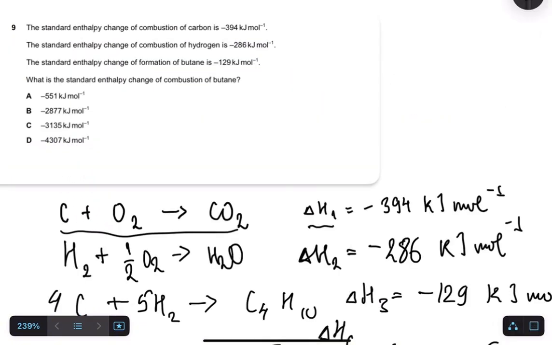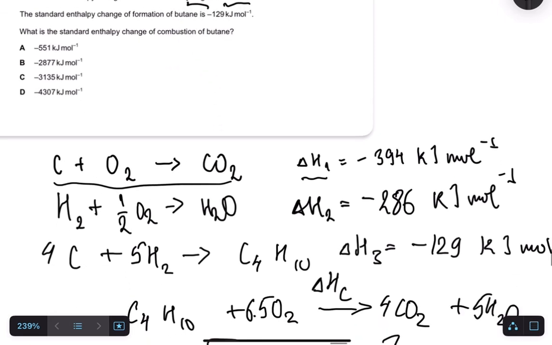The standard enthalpy change of combustion of carbon is minus 394. So we would say this enthalpy change is delta H1. And the second is the standard enthalpy change of combustion of hydrogen, which is minus 286. And we will say this enthalpy change is delta H2.